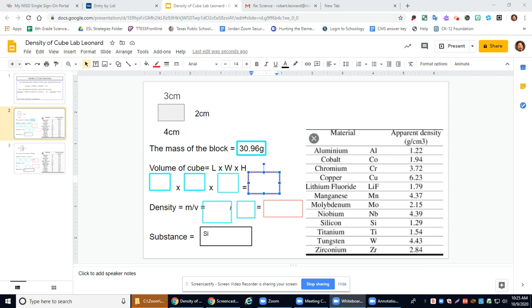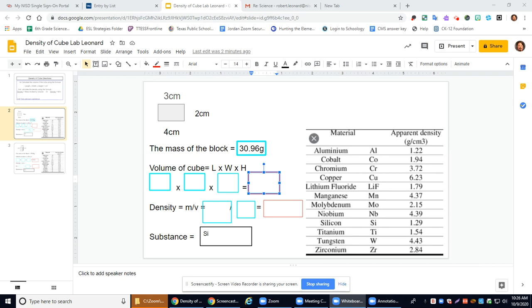This cube has a dimension of 3 centimeters by 2 centimeters by 4 centimeters. You can enter these in the calculator any way you want. It will always come out the same. In other words, 3 times 2 times 4 is the same thing as 2 times 4 times 3.